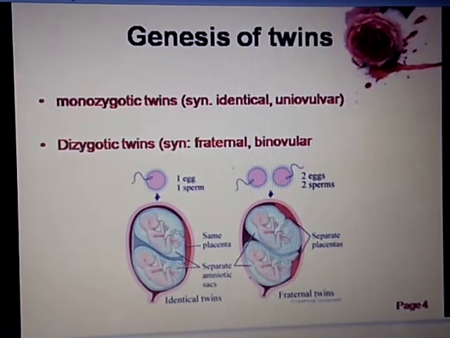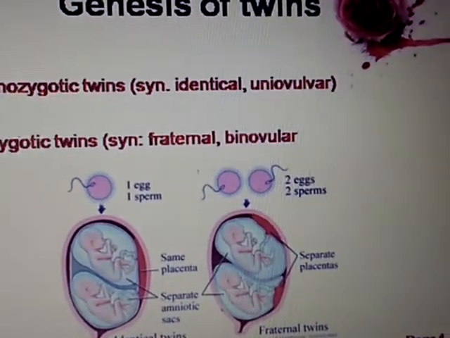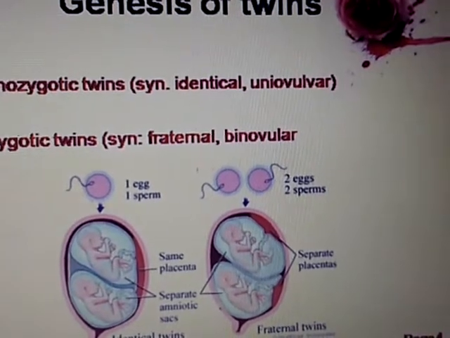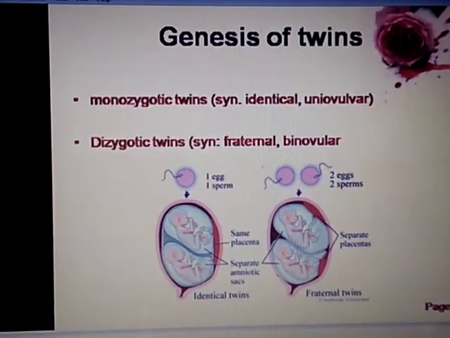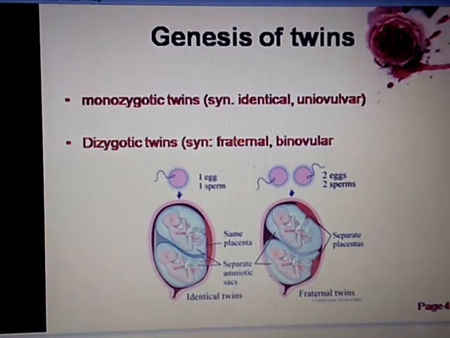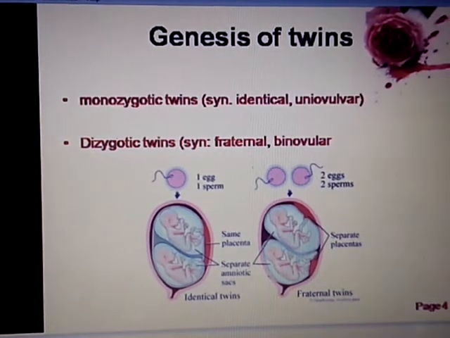In monozygotic twins, one egg fuses with one sperm, and during the time of development that fused egg may separate and form two different babies.